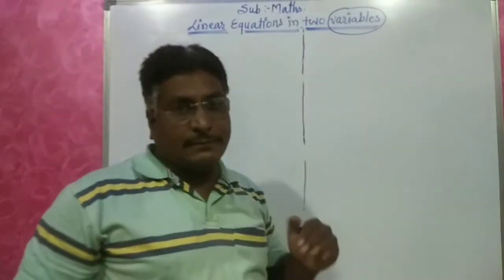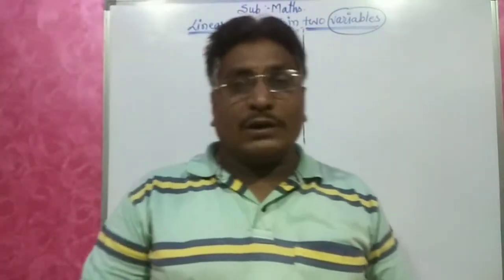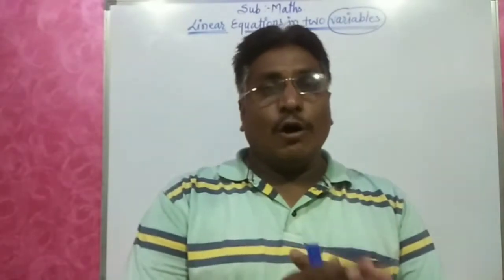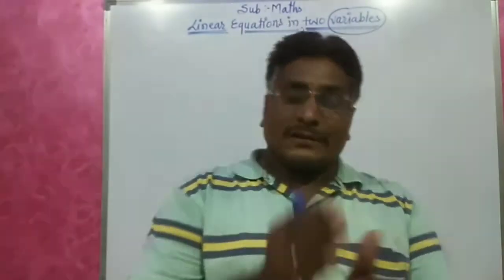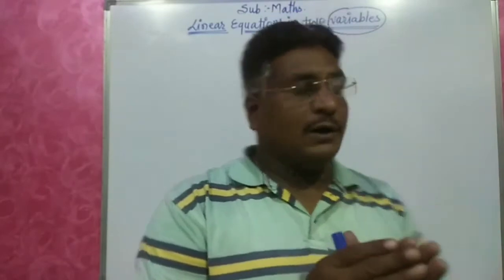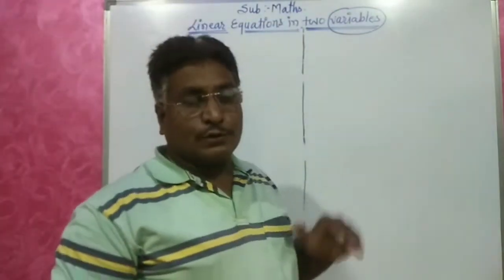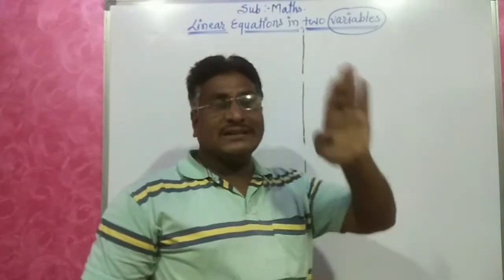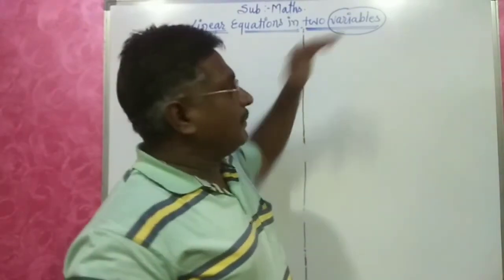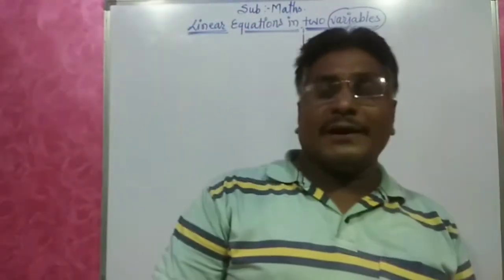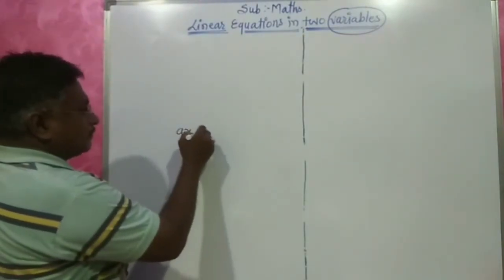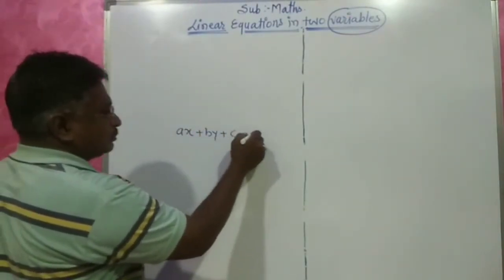What is a variable? Variable means whatever alphabets are used in the equation or in the polynomial, those alphabets we call variables. So x, y, z, a, b, c, like this, alphabets are used. Sometimes in the equation it will come ax plus by plus c equals 0.